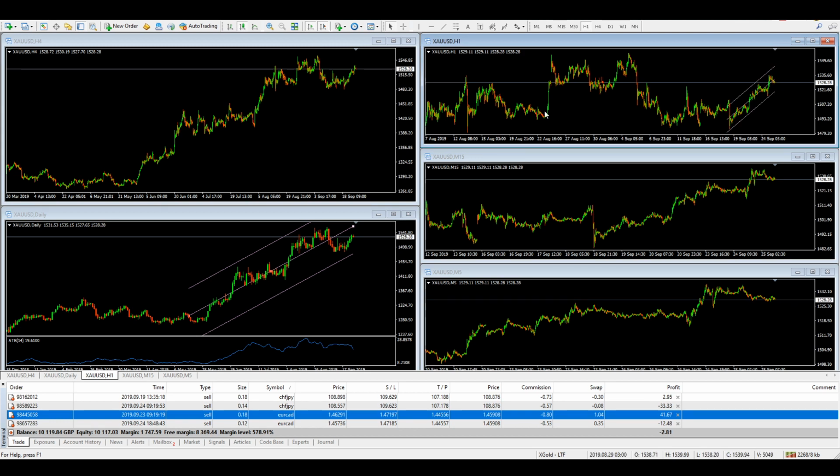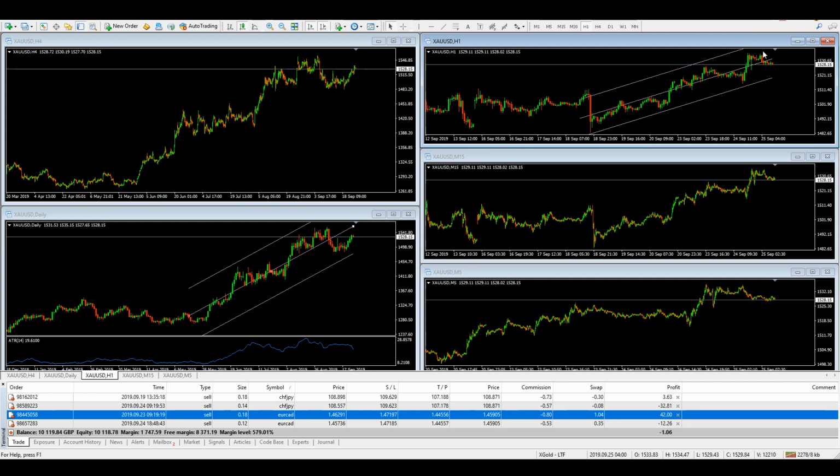If you wanted to trade this aggressively, you could use the hourly and just wait for at least some value to come back in. It's just a bit too expensive, a bit too overbought at the moment. So waiting for some value to come back, if you use the hourly, this area of support makes sense. So these previous highs, these lows here, and it would also collide with our standard deviation as well.